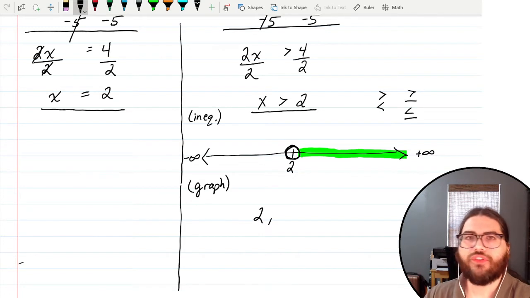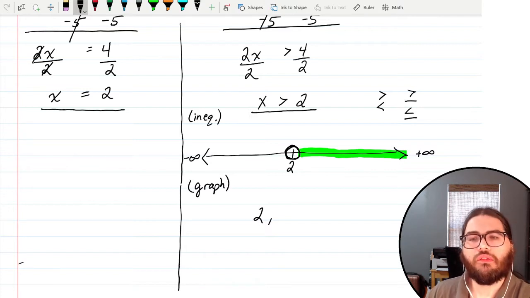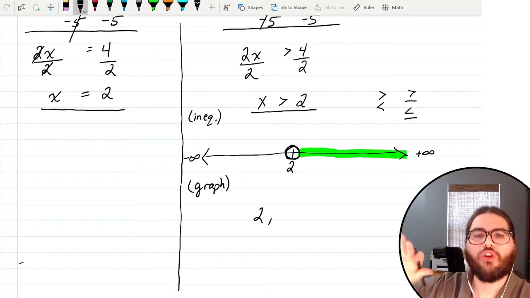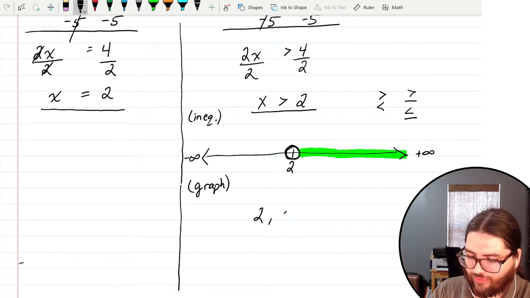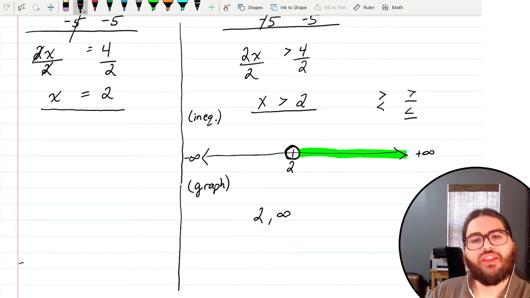Infinity and negative infinity are not numbers I can put on the number line, at least in this class. They're more like destinations, or they're not destinations, they're journeys, right? They go forever. And so if I put comma infinity, that means I never stop. I go that way forever.